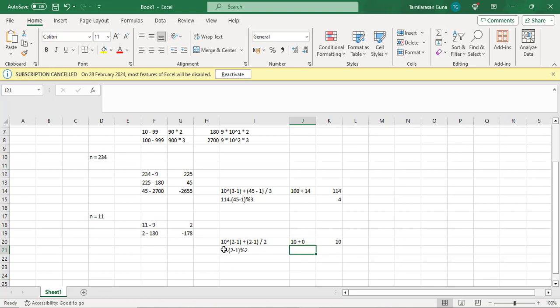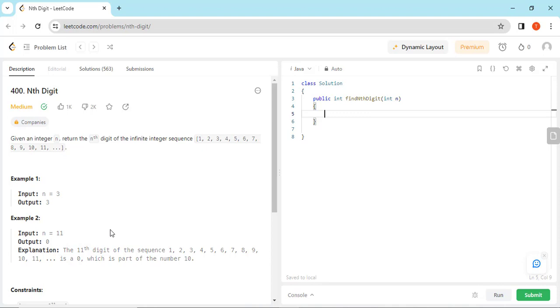On the index value 1, I have the exact digit. So 0 is the answer. On the 0th index I have the value 1, and on the first index I have the value 0. The remainder is 1, so on the first index the value is 0. That is the answer. So 0 is the 11th digit. That's all. This is the logic of the program. Now let's try to implement this logic as a program.